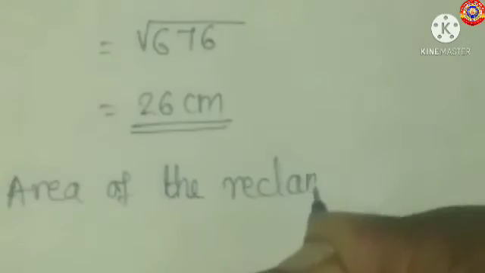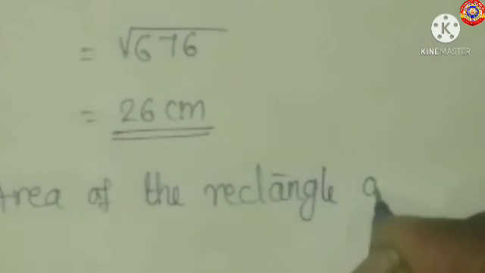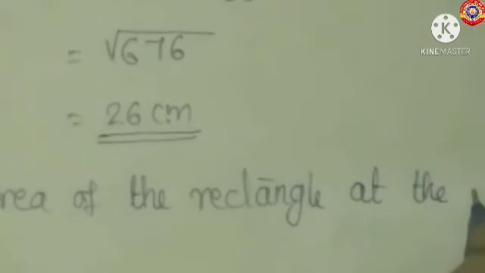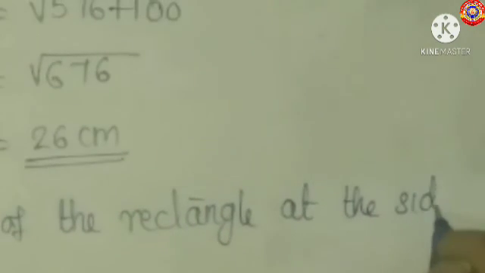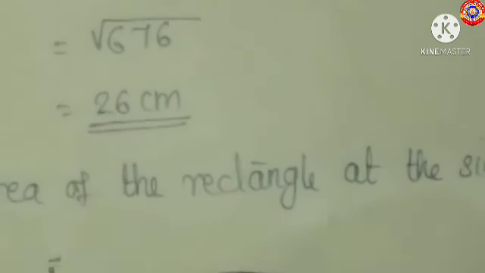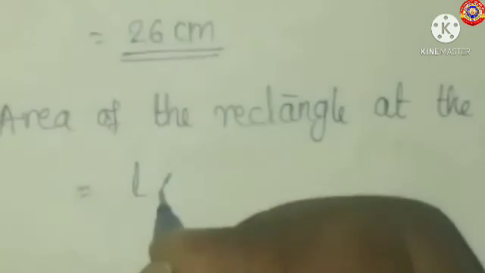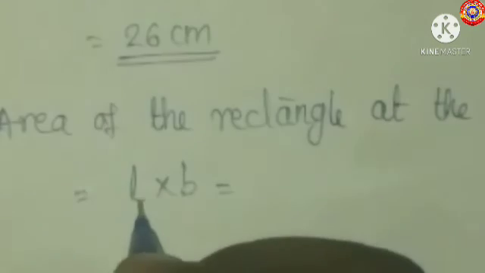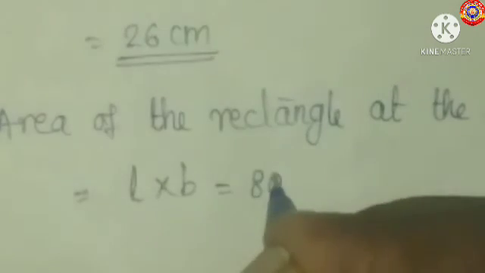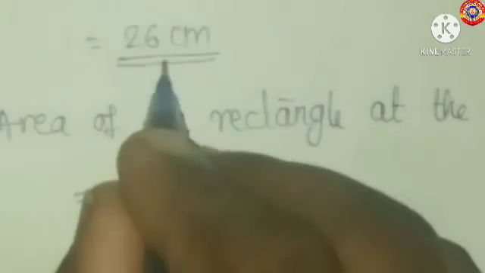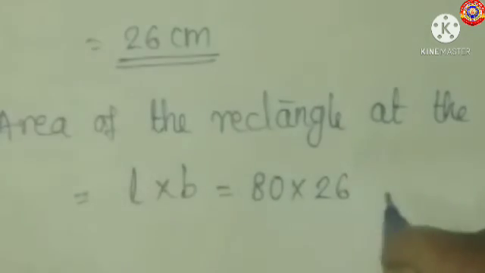centimeter. Now area of the rectangle at the side is equal to, what is the formula for finding the area of a rectangle? Yes, L into B. L is given in your textbook as 80 centimeter and B we found now as 26 centimeter.